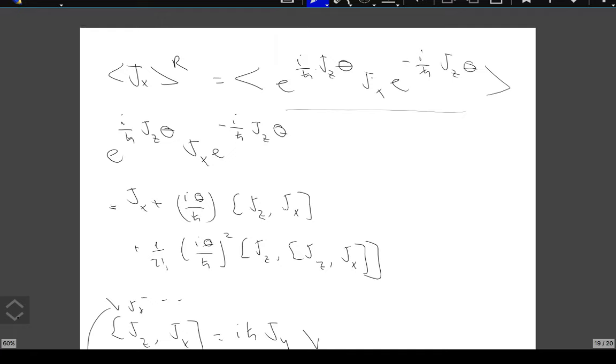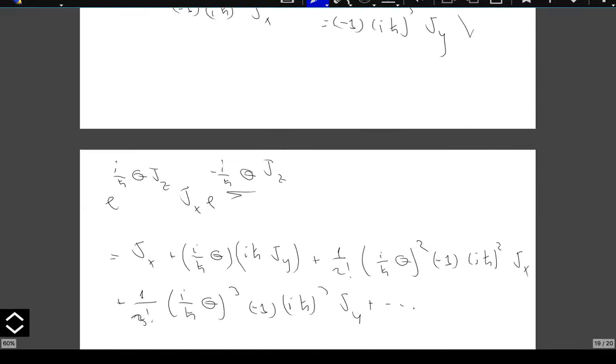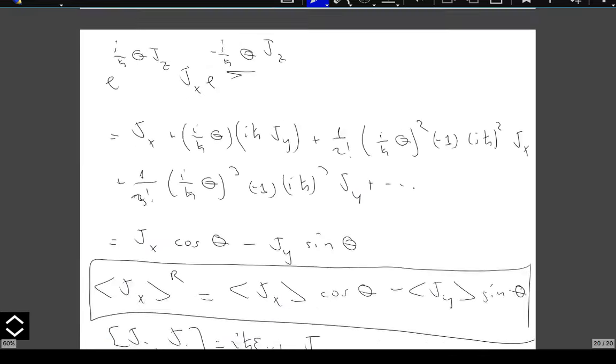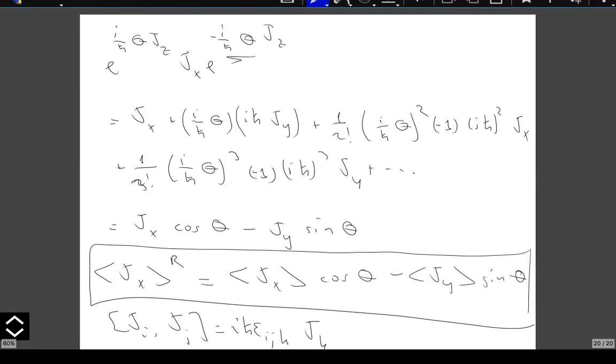And at the end of the day, when you take the expectation value of Jx without knowing the spin of the system, or what the explicit form of these matrices is, if you rotate your system using Jx, Jy, Jz as the generators of rotation, indeed Jx transforms just as the x component of a vector would.